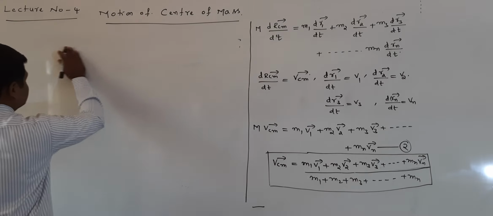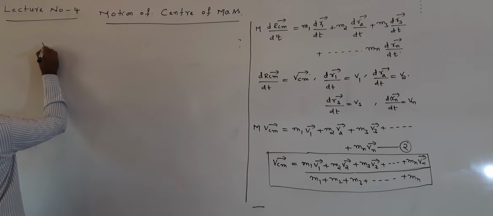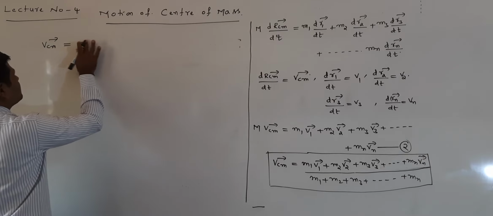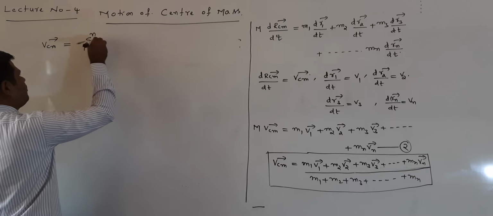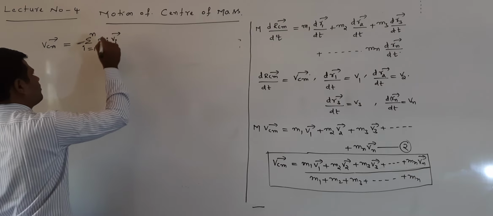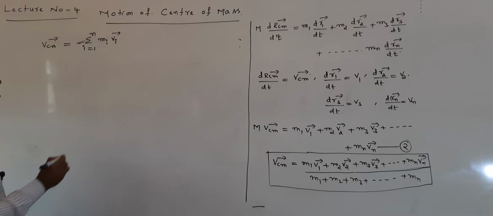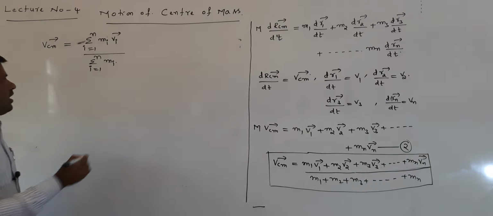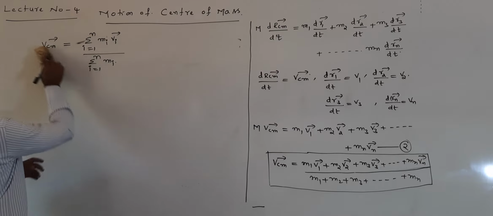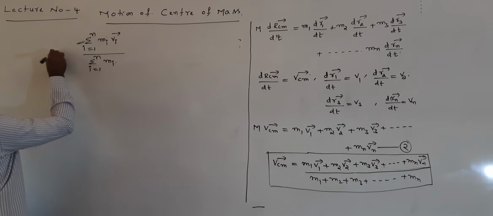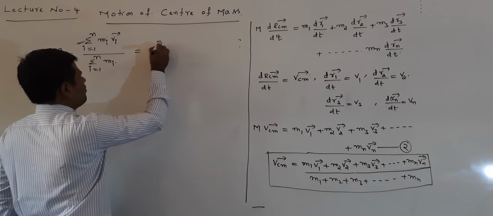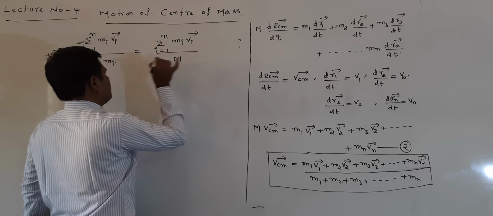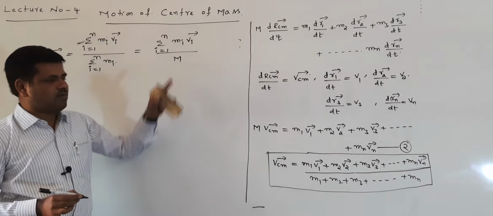Next, for the n particle system, I am modifying this equation. We can write it like this also: Vcm bar is equal to sigma i equal to 1 to n mi vi bar, divided by sigma i equal to 1 to n mi, which can be written as the total mass of the system m.